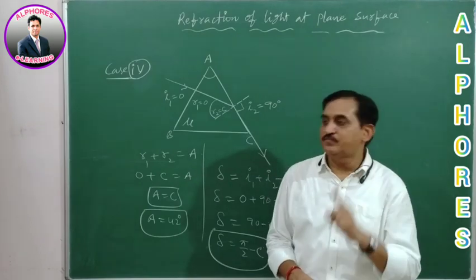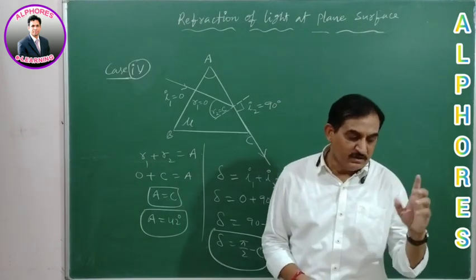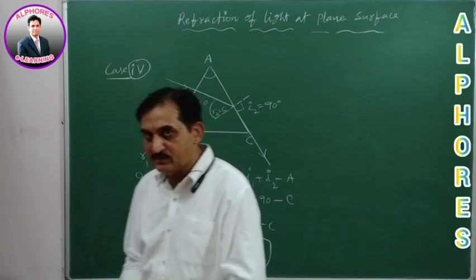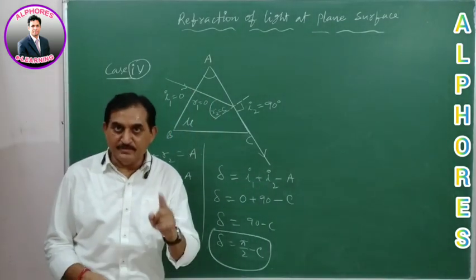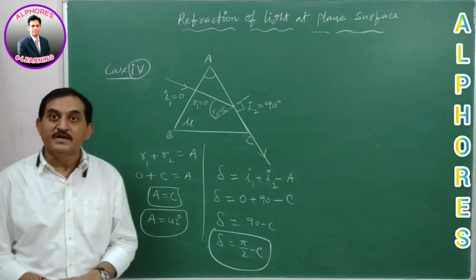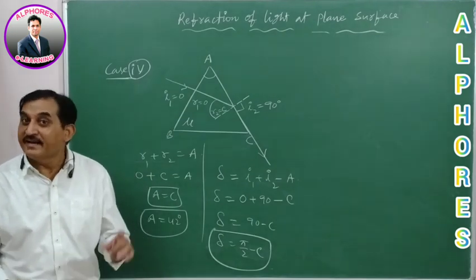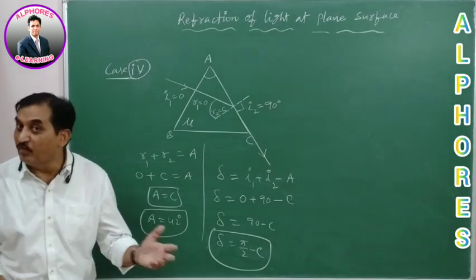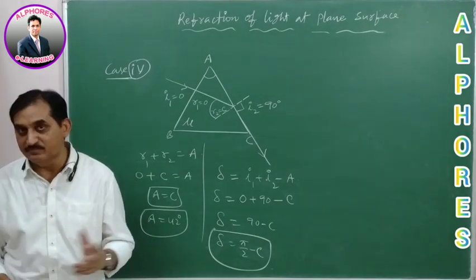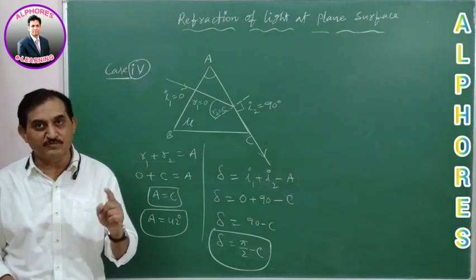Suppose the angle of minimum deviation of a prism is equal to the angle of prism, or refracting angle. Then what is the refractive index of the material of the prism? Once again I repeat the question.